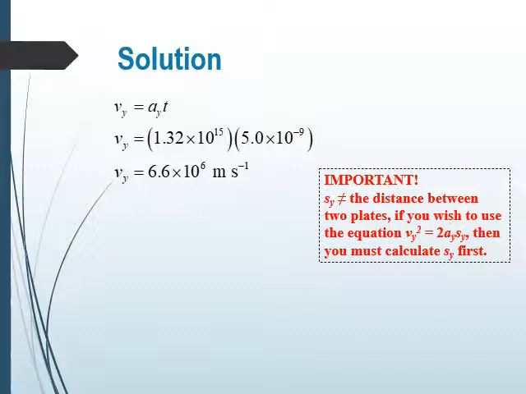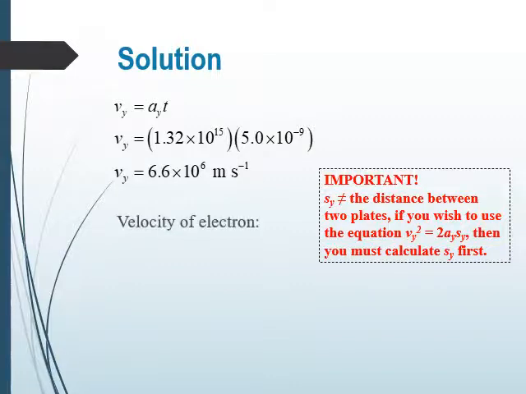Alright, so let's look at the v. This vy is not the final answer yet. That is not the velocity of the electron when it emerged from the plate. If you look at the question, it just mentioned velocity without telling you whether the velocity belongs to the x or y component, which means what the question wants is actually the resultant velocity.